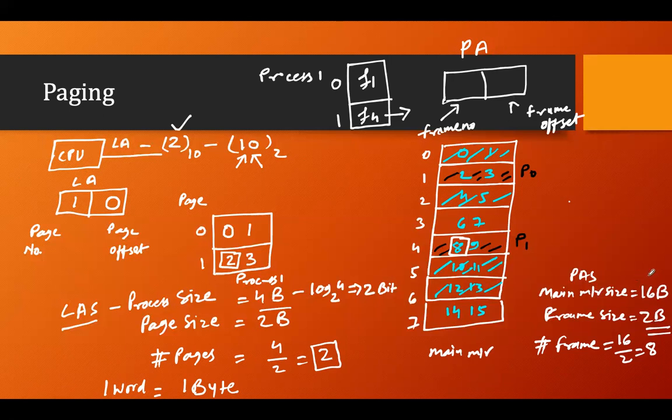How many bits are required to represent the physical address? You see, the physical address space is 16. So to convert the physical address, you need to do log base 2 of 16. How much will you get? 2 to the power of 4, so you will get 4. So the length of this will be 4 bits.